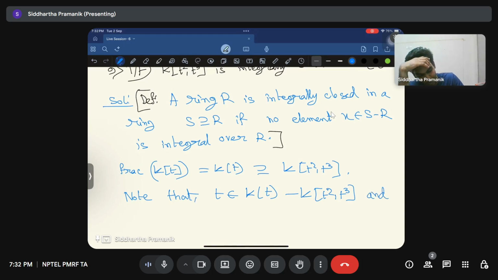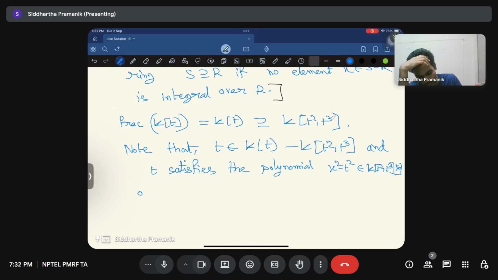And also note that t satisfies the monic polynomial x^2 minus t^2 in x. So t is integral over k[t^2, t^3].